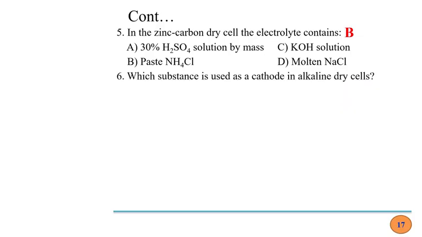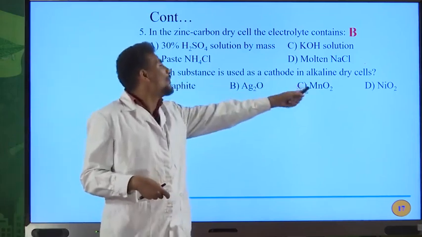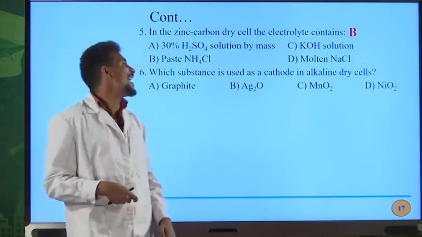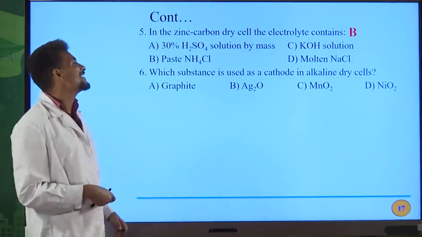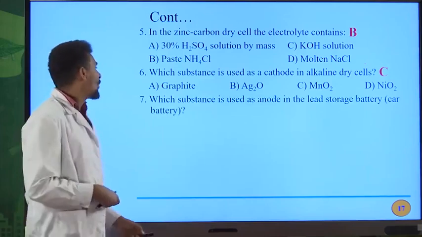Okay, question number 6. Which substance is used as a cathode in alkaline dry cell? I told you about this one. Zinc serves as anode and manganese oxide serves as cathode in alkaline dry cells. So C is the correct answer for question number 6. Question number 7.